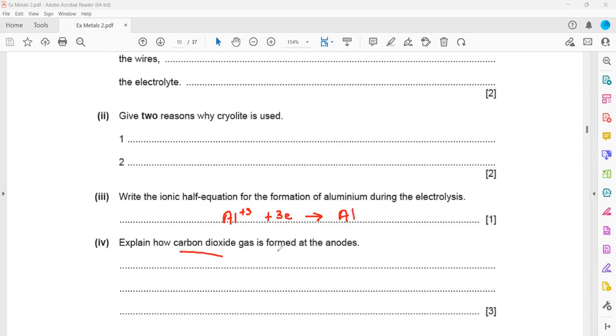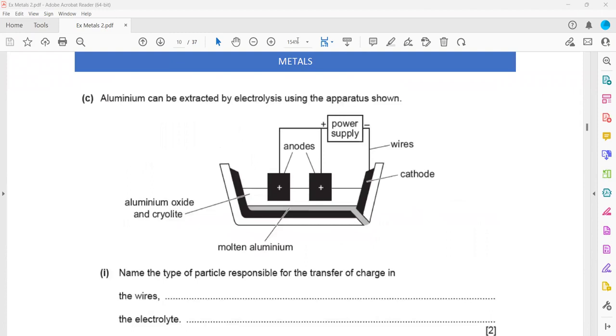Then how is carbon dioxide gas formed at the anode? The solution contains oxide ions and aluminum ions. Aluminum ions are moving towards the cathode and oxide ions towards the anode. When one oxide ion moves towards the anode, it will lose 2 electrons and form an oxygen atom.